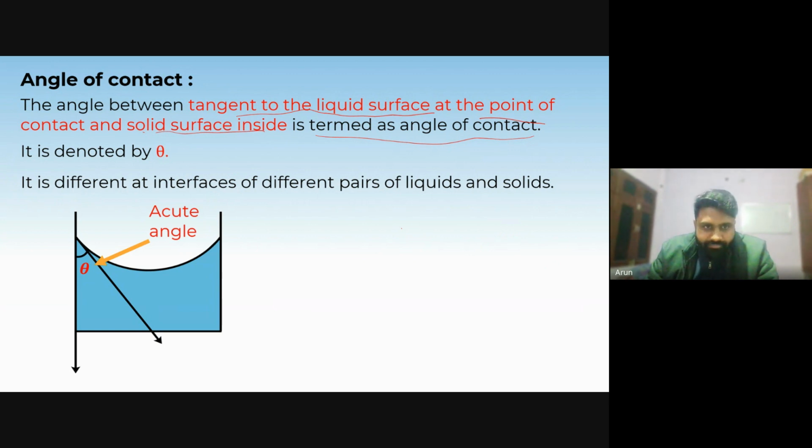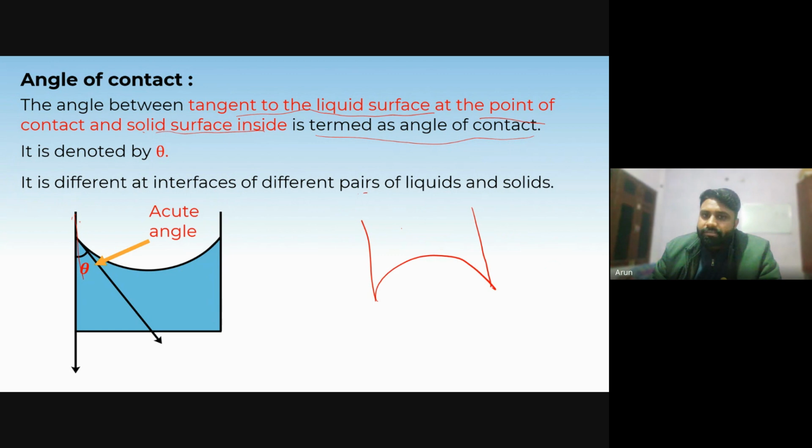Now, here the shape is C, but this is another case. We have filled the liquid inside a tube, and in that case we have seen the liquid on the free surface. In that case theta is acute, which means it is going to wet the surface, because if you just invert it, it will be like this.